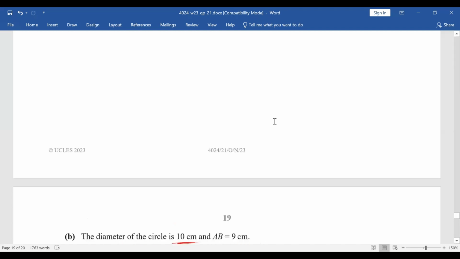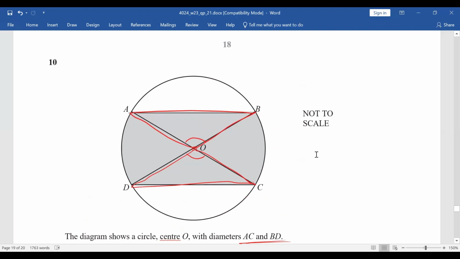Okay, let's find the arc length. We know the arc length formula is theta by 360 times 2 pi r or pi d. So we know the radius, but we don't know the angle between OB and OC. So let's find the angle.